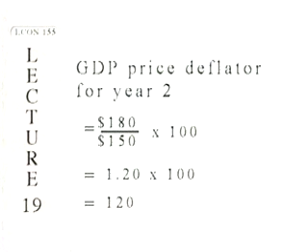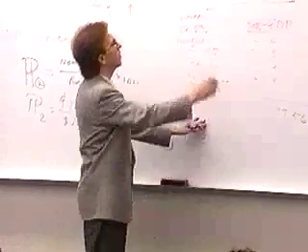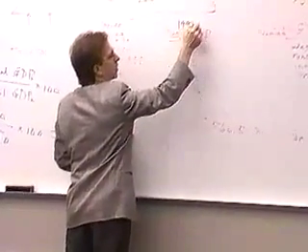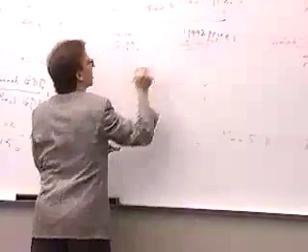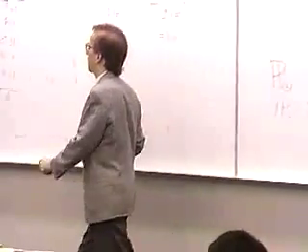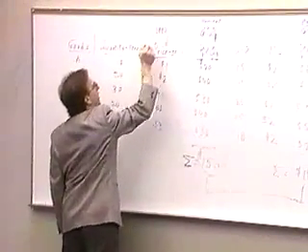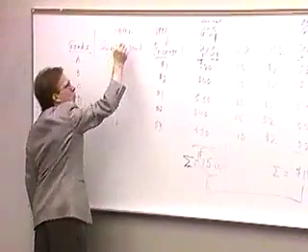So it's always on a comparison basis. What's happened to the price index since the base year? Our base year was year one, but for gross domestic product, when they measure real GDP, they use 1992 prices. Let me modify this slightly. We could say these were 1992 prices, 1992 quantities.